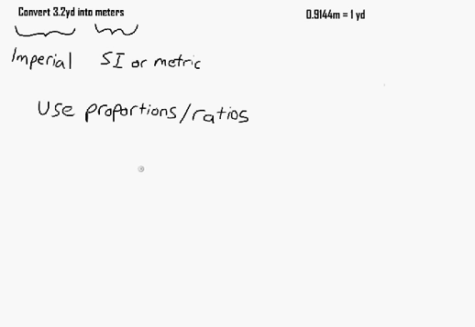Here we know that we have 3.2 yards, but we don't know how many meters that is. So we could write the ratio of yards to meters, so over x amount of meters, because we don't know how many meters that is. We're just setting up a ratio.